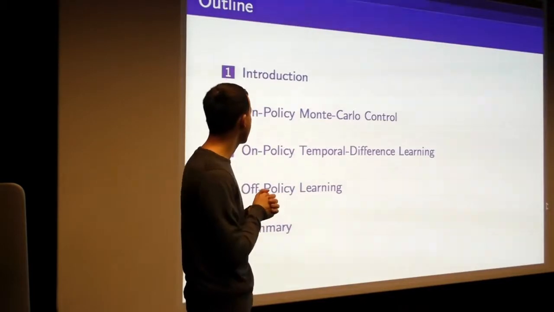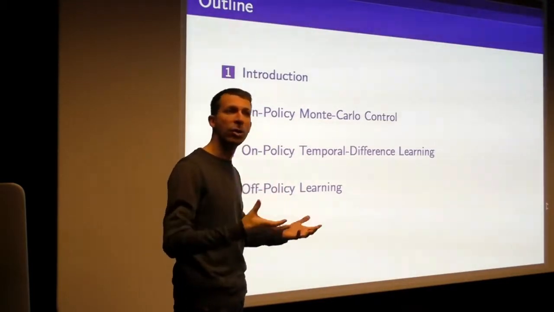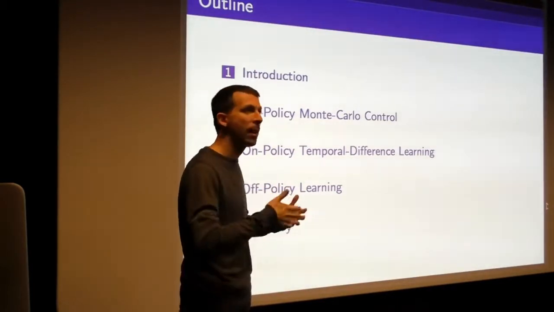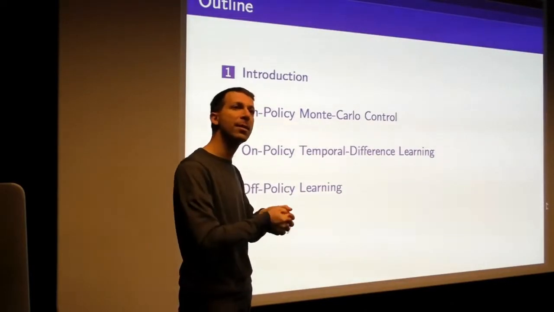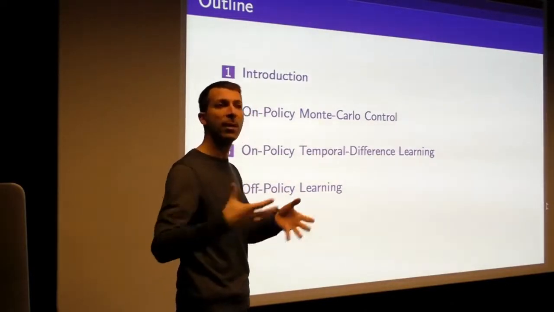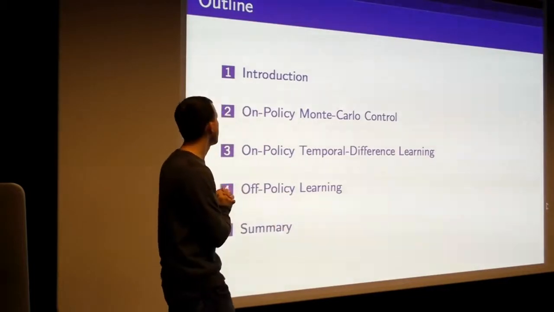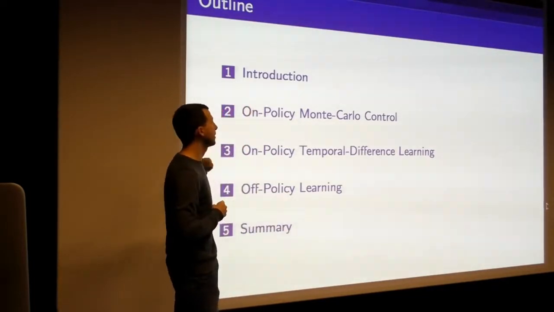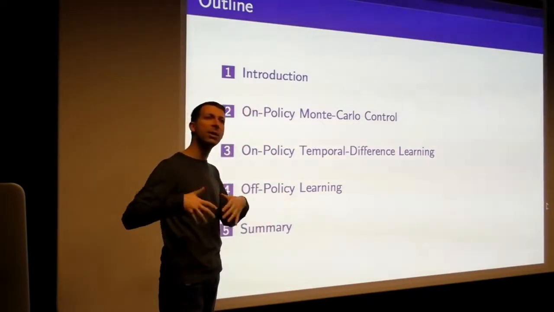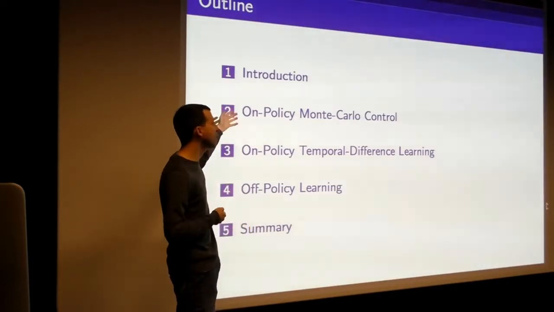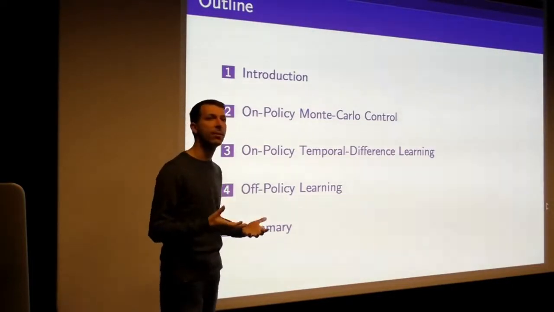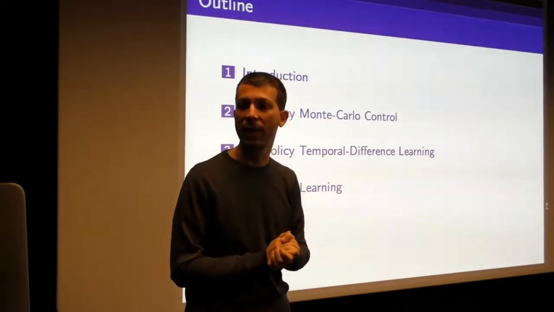Essentially, on policy means learning on the job, whilst you're following the behavior that you're learning about, and off policy means learning whilst following someone else's behavior. We'll start with on policy, which is a simpler case. And again, just like last lecture, we're going to follow the format of starting with Monte Carlo control before we move on to temporal difference learning to get more efficient, lower variance techniques.